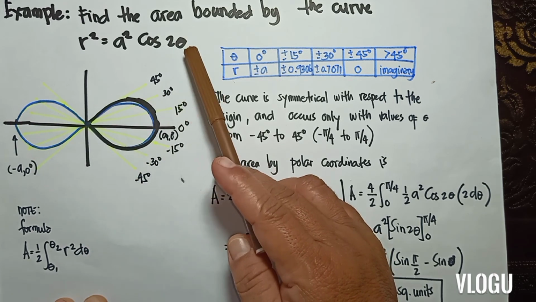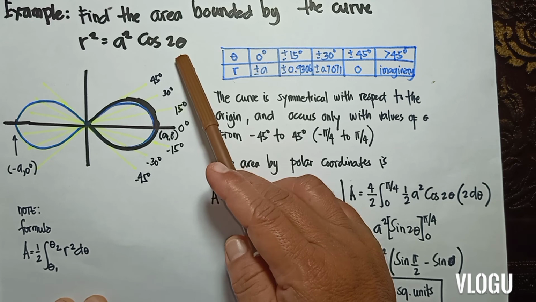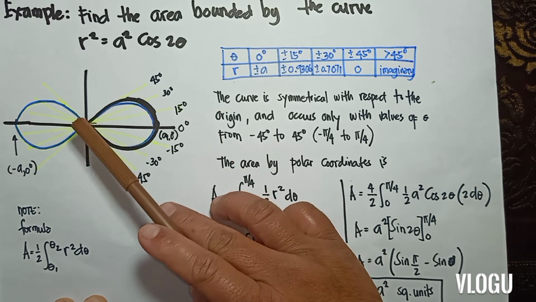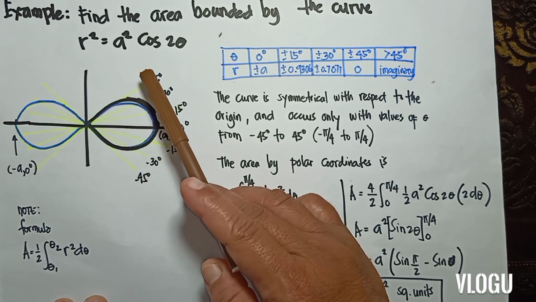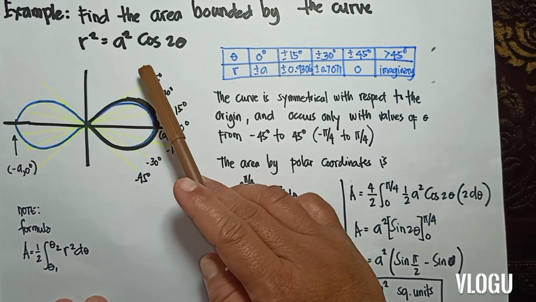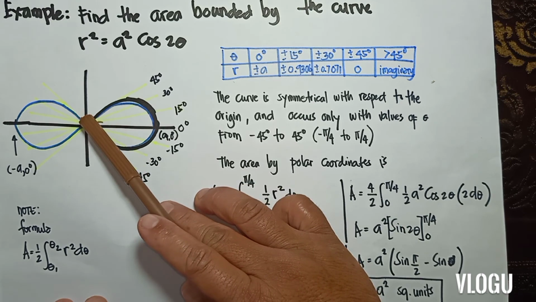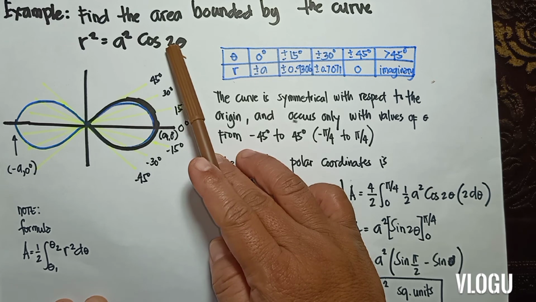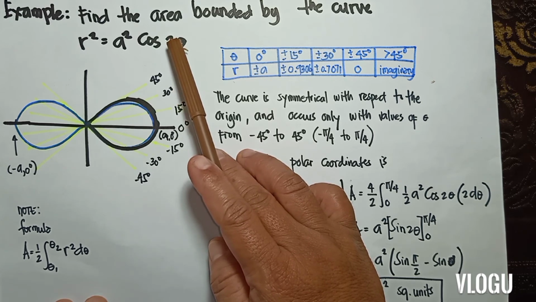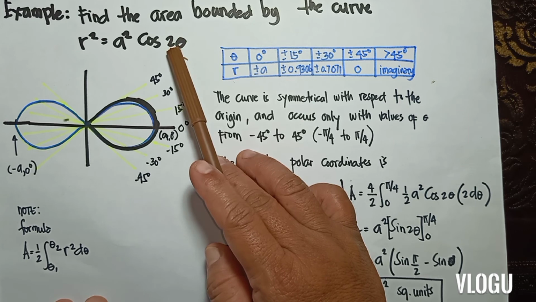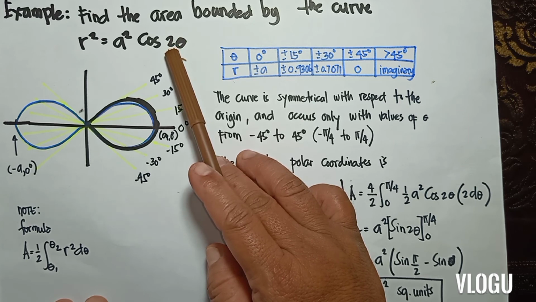So we know that the curve is symmetrical with respect to the origin, and then it occurs only with certain values. What values would make this equal to 0? This would be equal to 0 when you have cosine 90, because cosine 90 is equal to 0.